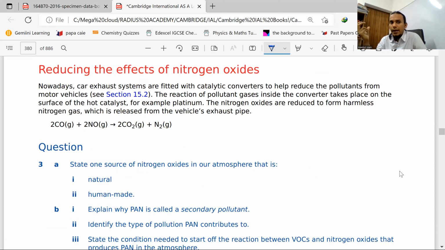What do we now fit in the exhaust system? A catalytic converter. What happens with it? The catalytic converter converts carbon monoxide, because if there is incomplete combustion there will be carbon monoxide, and in ignition of kerosene there will be nitrogen monoxide, so they react together in the presence of the catalytic converter, with an iron catalyst most probably.